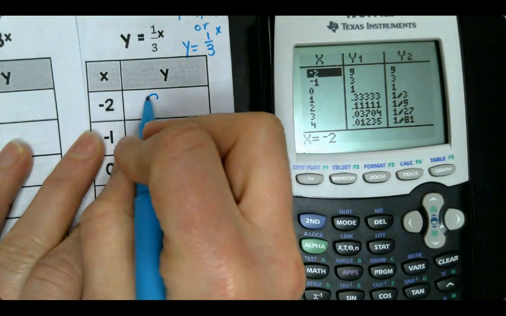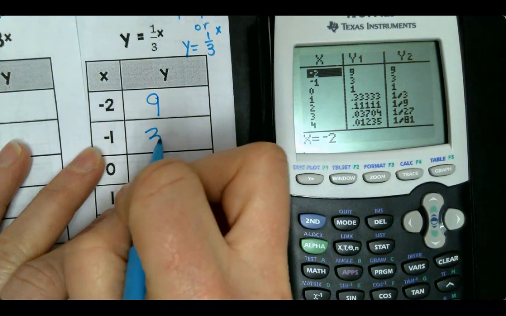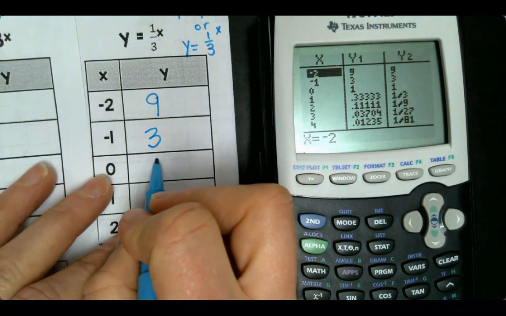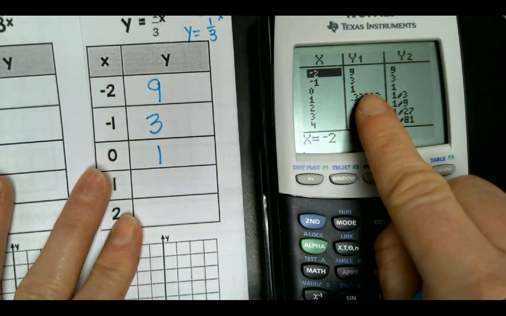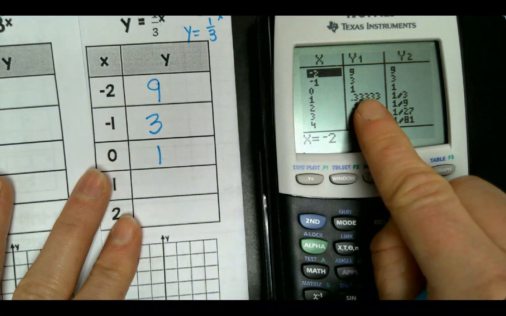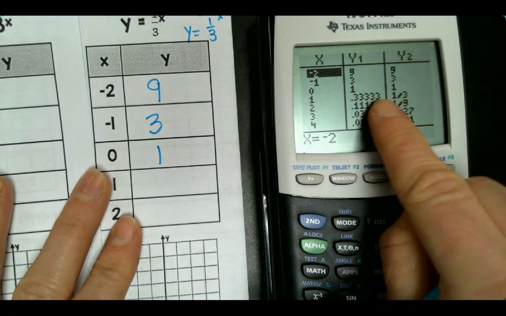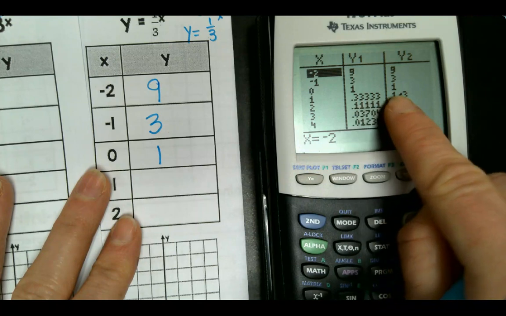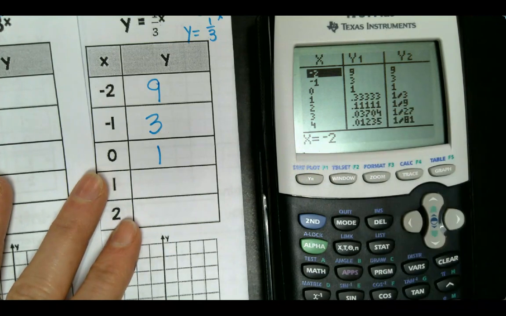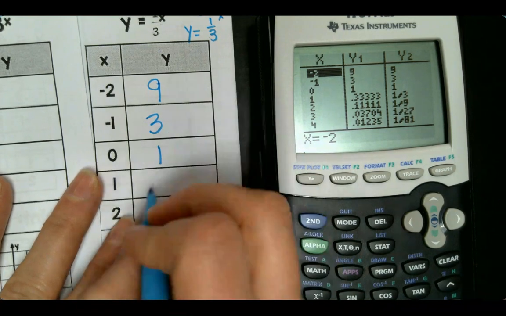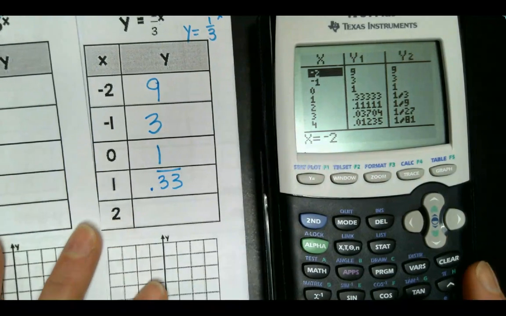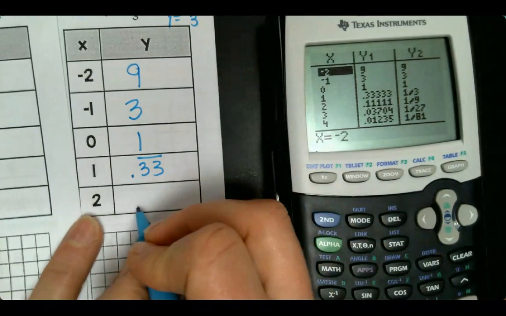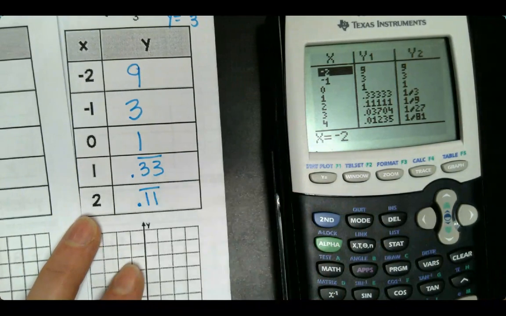So -2 is at 9. -1 is at 3. 0 is at 1. 1 is at 0.333 or 1/3. See how these are the exact same thing? So it's just the way that we put in the equation determines how it's listed in the table. I'm going to write these as decimal, so 0.33 repeating, which is also 1/3. And then number 2 is 0.1 repeating.